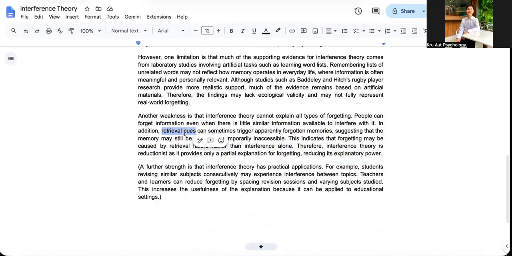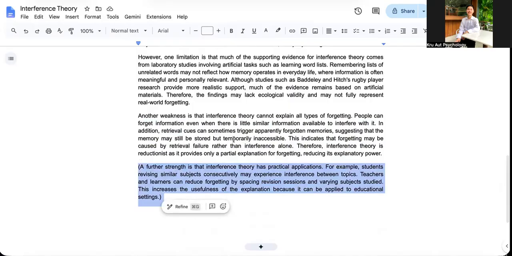Same as, if a question's about retrieval failure, the entire paragraph wouldn't be writing everything you know about interference. It would just be something from another theory and explaining how it makes the topic in this question reductionist.